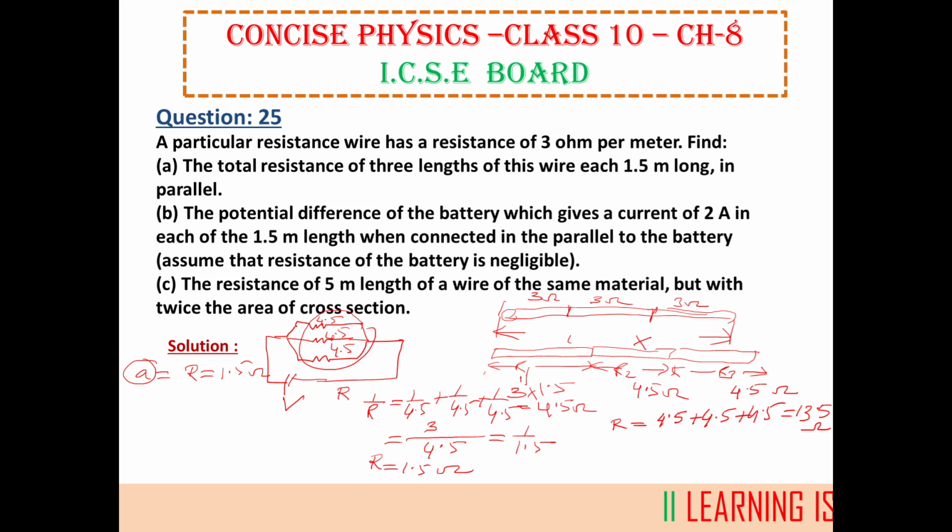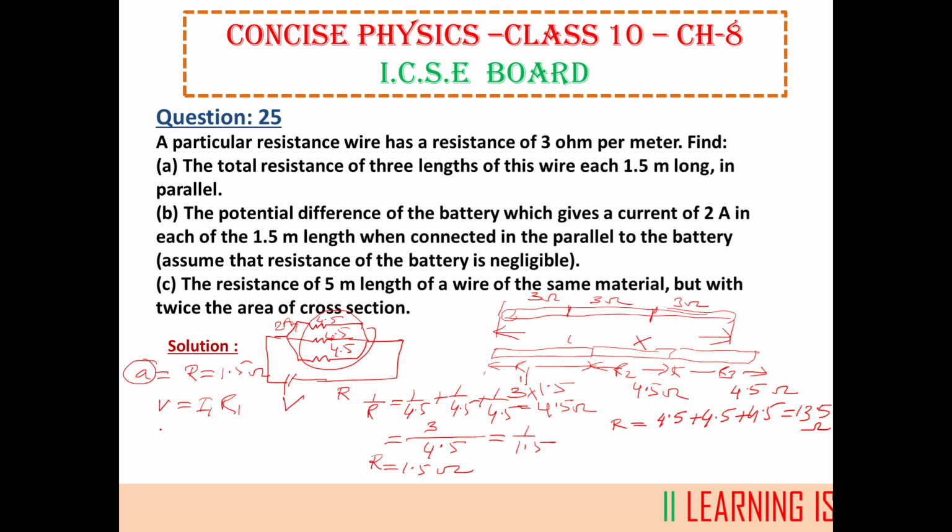If the current flow in each of the resistances is given, 2 ampere, we can apply Ohm's law, V equal to I1 into R1.